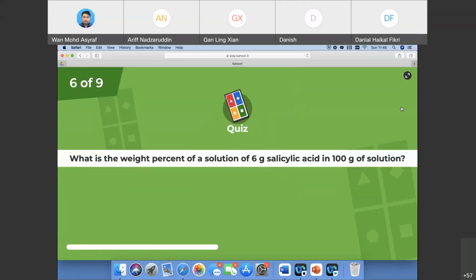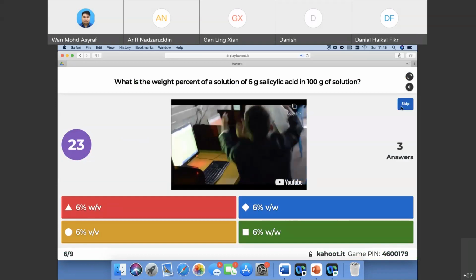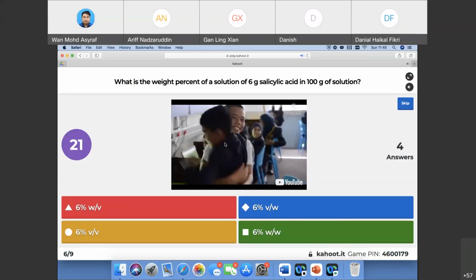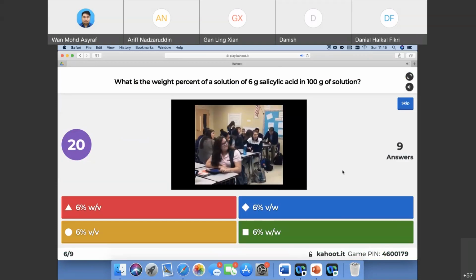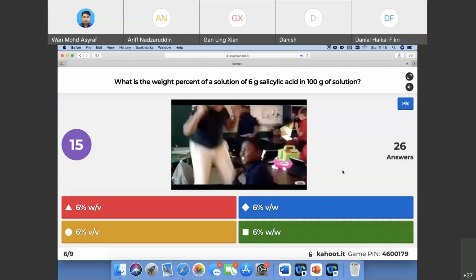What is the weight percent of a solution of 6 gram salicylic acid in 100 grams of solution? Did you guys get the answer?